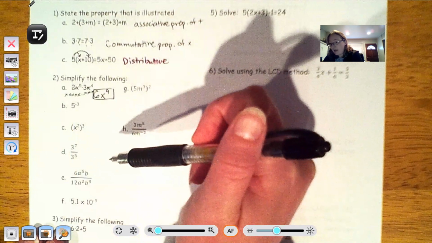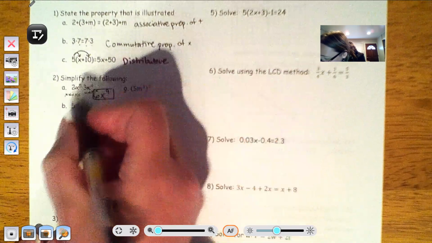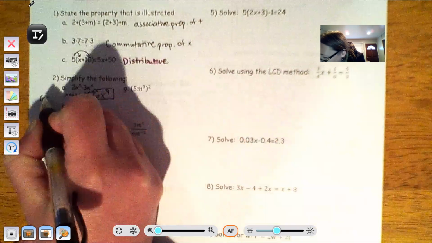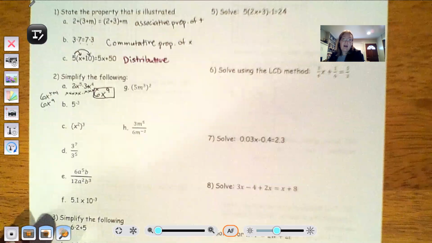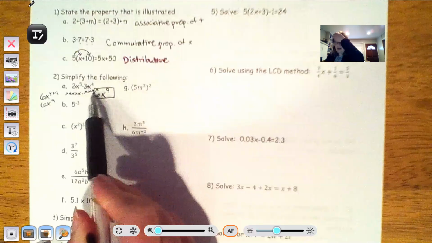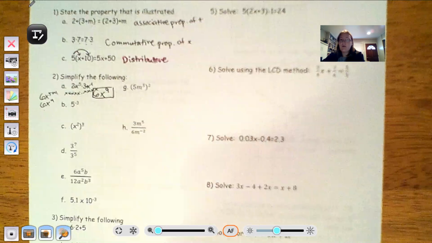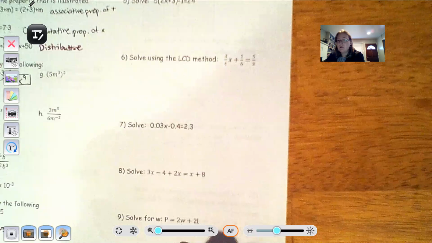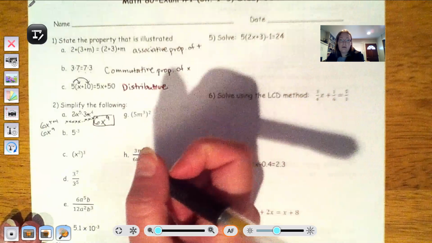You could say 6x to the 5 plus 4, and then 6x to the 9 if you really want to show that you're adding those exponents. But I wouldn't require work on something like that. It's pretty quick to do. The ones that require work are more like if you're doing several steps. But if you're just adding or subtracting some things, you don't need to show your work. Okay.